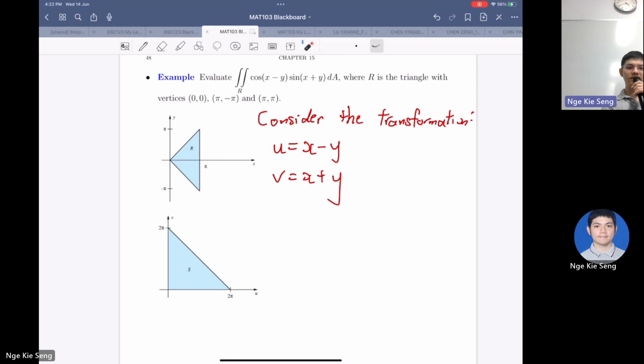Let's see what this map does to our domain. For example, we can see what happens to our endpoints. Under this map, what happens to pi, minus pi?